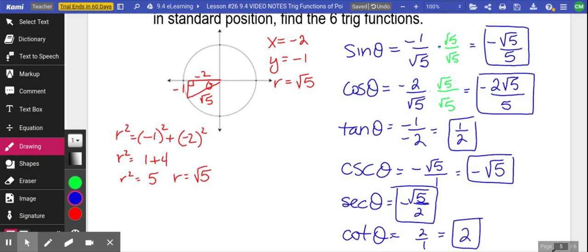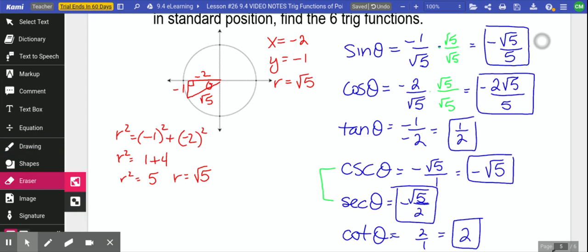All right, so there you go. A couple things. Make sure you simplify. Make sure you rationalize the denominator. So sine and cosine both had a root 5 on the bottom, so you need to rationalize that. Another little trick is when you're flipping. So here, when you flipped cosecant and secant, don't flip your final answer for sine, because if you flip the negative root 5 over 5, then you're going to have to rationalize the denominator again.